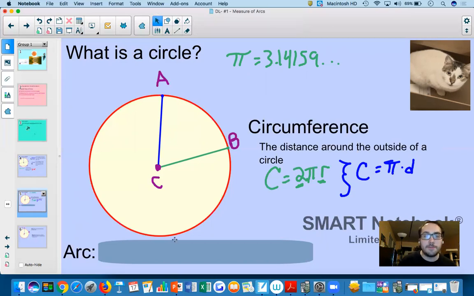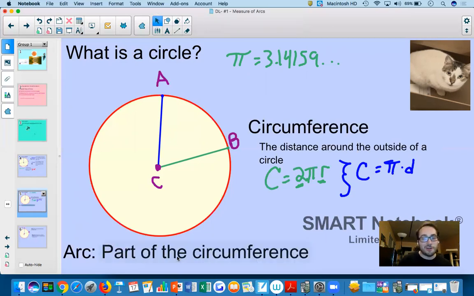Now that we know what circumference is, let's talk about an arc. This is probably something that you've not seen before, but an arc is a part of the circumference. So if the circumference is this entire red circle, the arc is part of it. Think of it like a pizza.